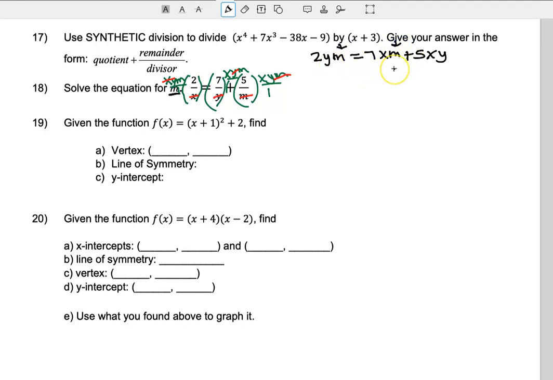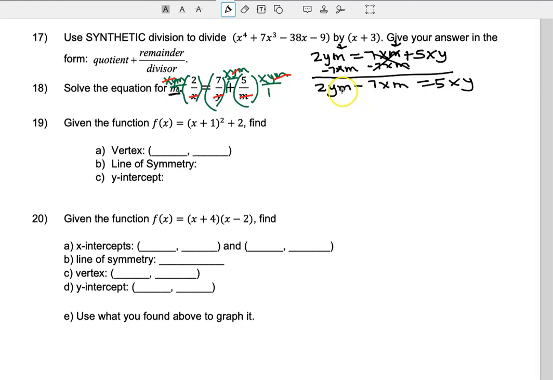So if that happens, I've got to get those together on the same side of the equation, because the only way to get these together as one variable is we've got to do some factoring. So let's start by subtracting that 7xm over. And so then that's going to give us 2ym minus 7xm equals, all that's left now on this side is 5xy.